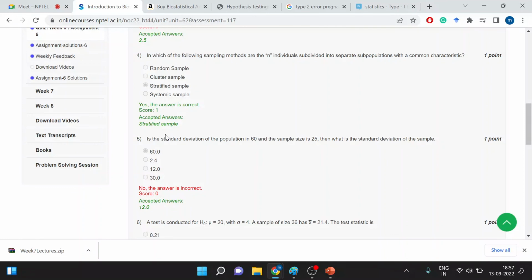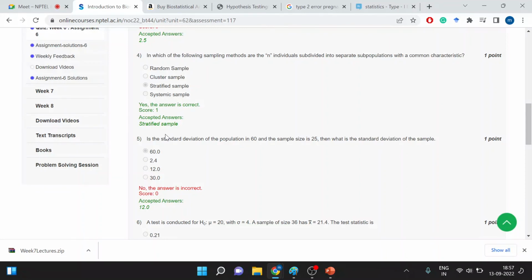The sample mean is significantly deviant from the population mean here. That we don't know actually. It's a big standard error. I agree.